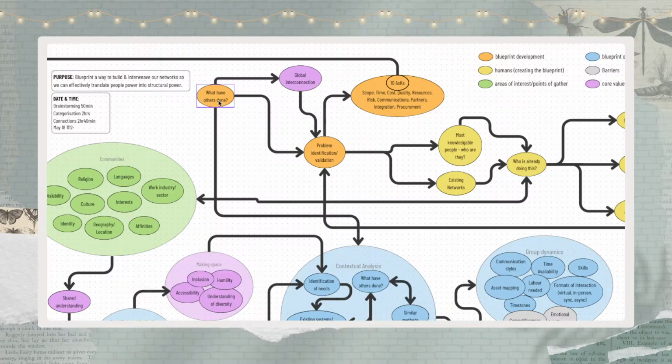Okay, so what others have done will inform our ability to identify what the problem is, in terms of creating a blueprint like this that can be applied in different contexts. And it also informs, does it inform the global?